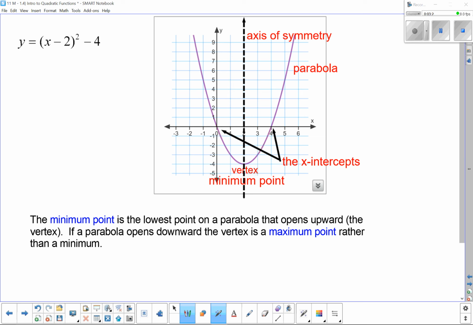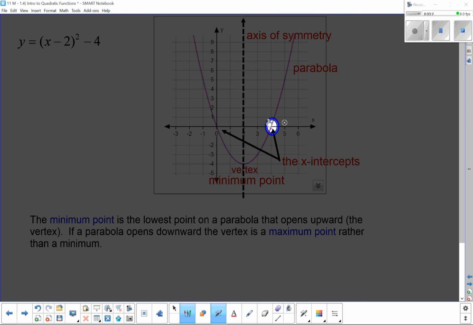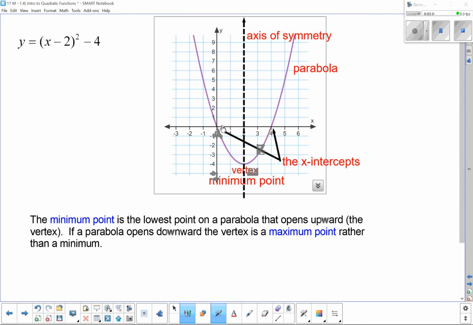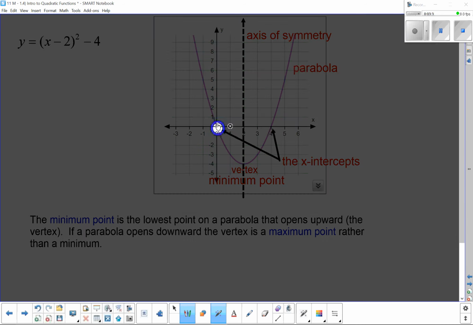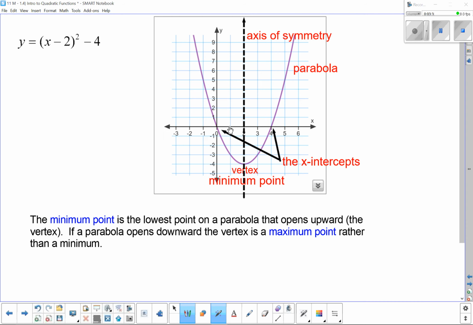That axis of symmetry is a reflection point for the two halves. The other parts that are important are the x-intercepts. We have one that is here, and then we have another one over here. We will be talking about them when we talk about factored form later on. And the last thing is the vertex. The vertex in this case is the lowest point that we have on our parabola, so it is down here.